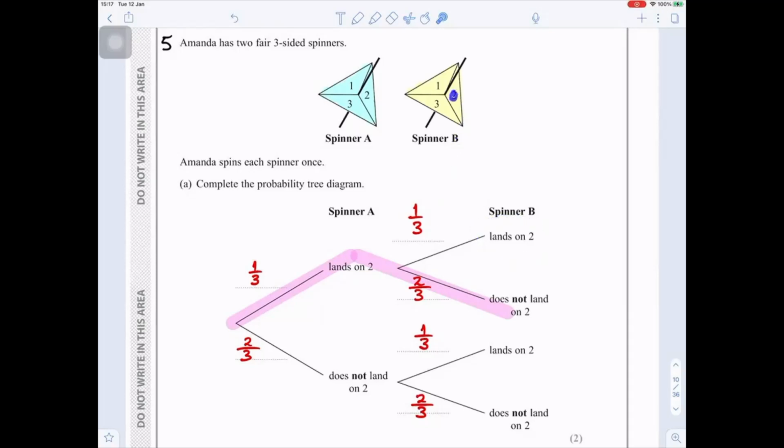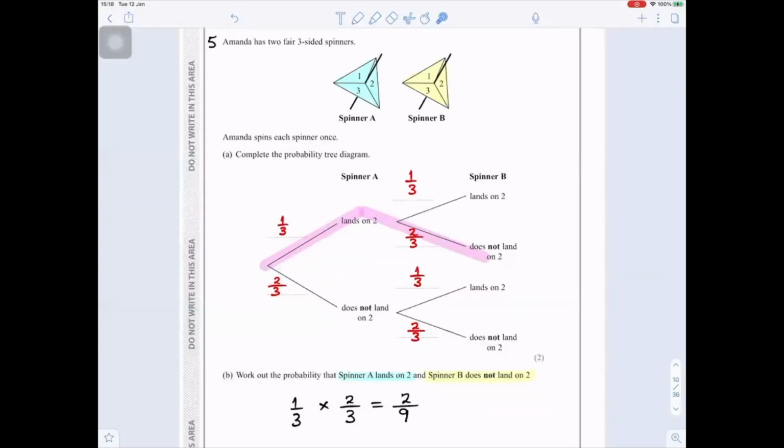The probability that it does not land on 2 is 2 out of 3. And when it does not land on 2, for spinner B, the probability that it lands on 2 is 1 out of 3, stays the same. The probability that it does not land on 2 is 2 out of 3. And that's how you complete that probability tree diagram.